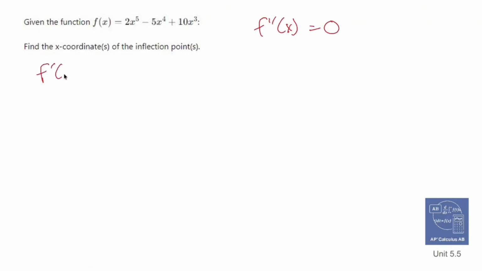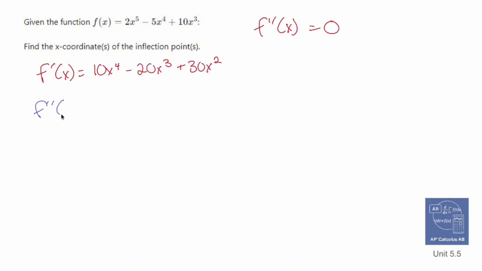So f prime of x, the first derivative, is going to be power rule, so that's going to be 10x to the fourth minus power rule again, 20x to the third, plus power rule again, 30x squared. Now let's take the second derivative.